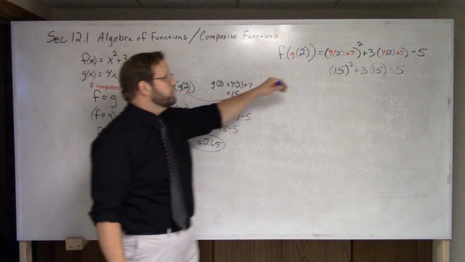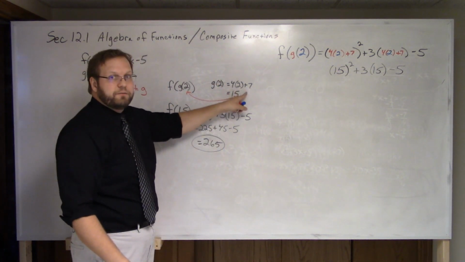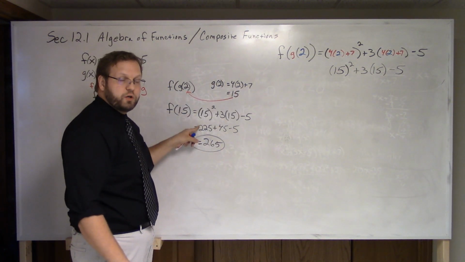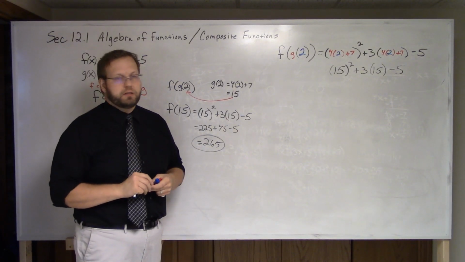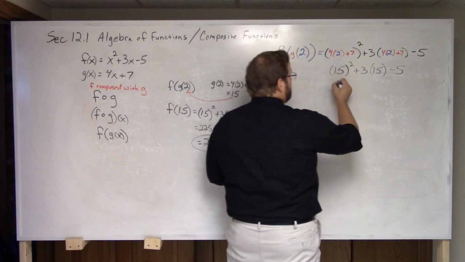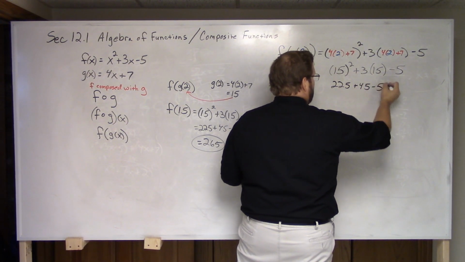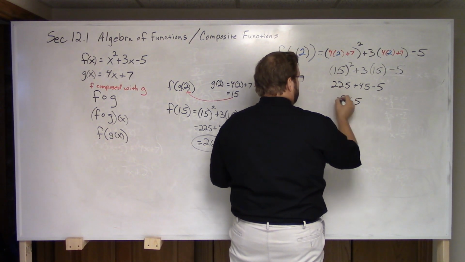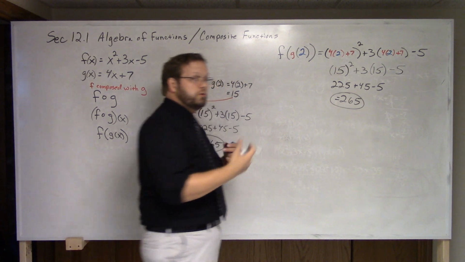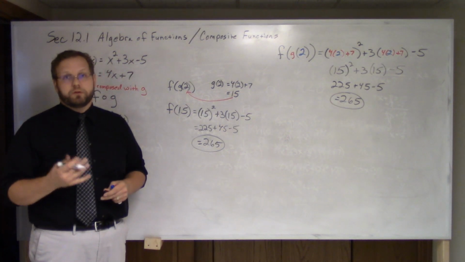It's just that here you start at the top and work your way down, as opposed to going off to the side, figuring that out, then plugging it back in, then working your way down. Whichever way flows in your mind, I want you to stick with it. And then I get the 225 plus 45 and so on, and that again is 265. So again, two different approaches, both are perfectly fine. You use whichever is better for you.